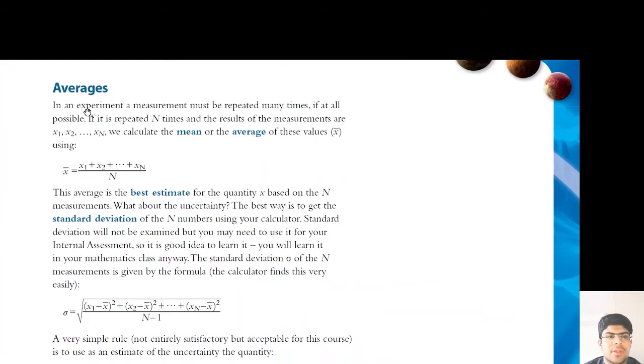So now, averages. In an experiment, a measurement must be repeated many times, if at all possible. If it is repeated n times and the results of the measurement are x1, x2, ..., xn, we calculate the mean or the average of these values. x bar is the mean: x bar equals (x1 + x2 + ... + xn) over capital N, where capital N is the number of measurements we have.